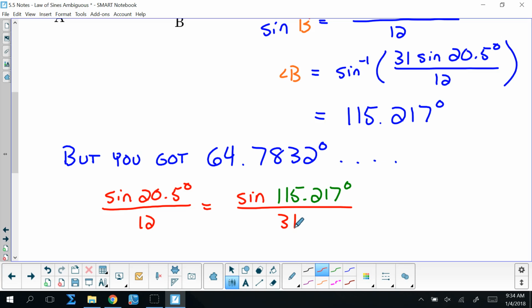Multiply 31 times the sine of 20.5 degrees divided by 12, divided by the sine of 115.217, and you should get 1.